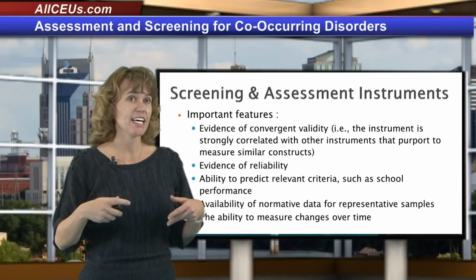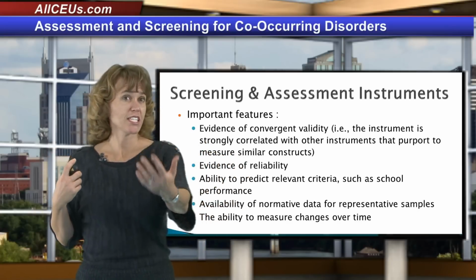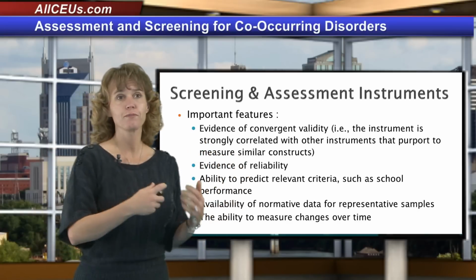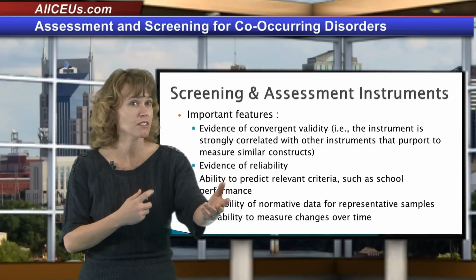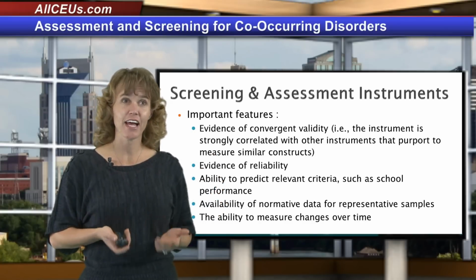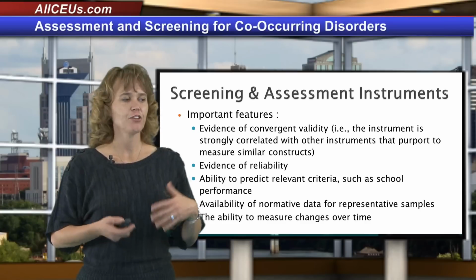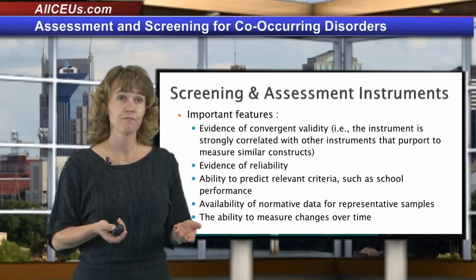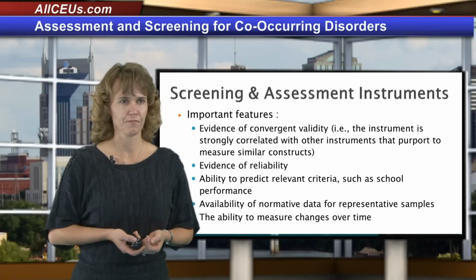If you're using a test normed on the criminal justice population and you're applying it to college students, again, you may not get very accurate results. So you want to make sure that you've got generalizability based on who's taken that test before.